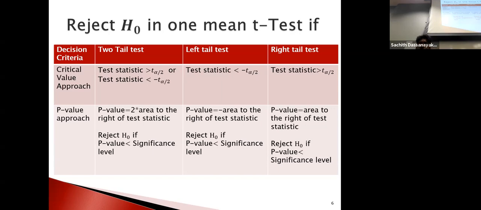Critical value approach. Okay. If you are using the critical value approach, not the first one, second row, if it is a two-tail case, then again you have to use what? Test statistic value. If the test statistic value is greater than T alpha over 2 or less than negative T alpha over 2, you have to reject, which means simply it's like this.